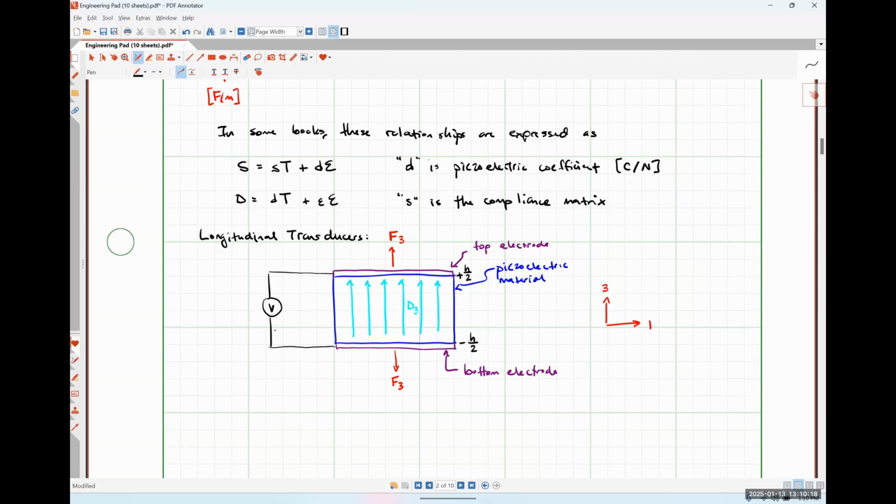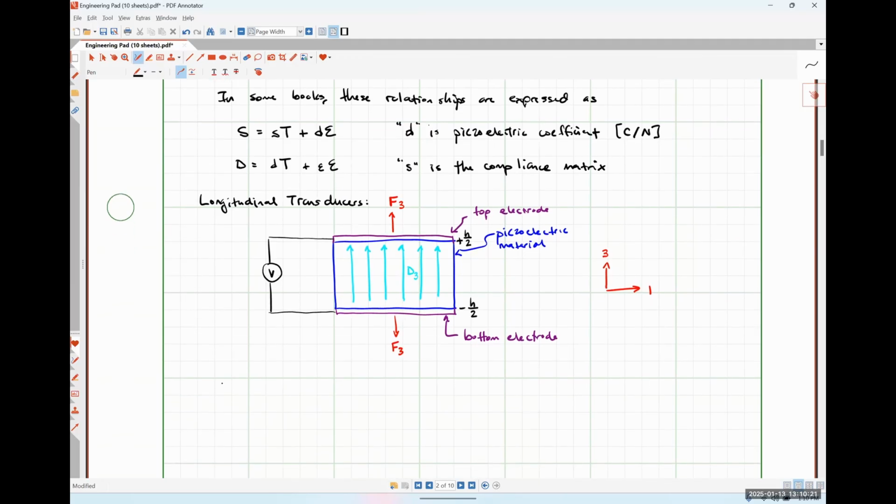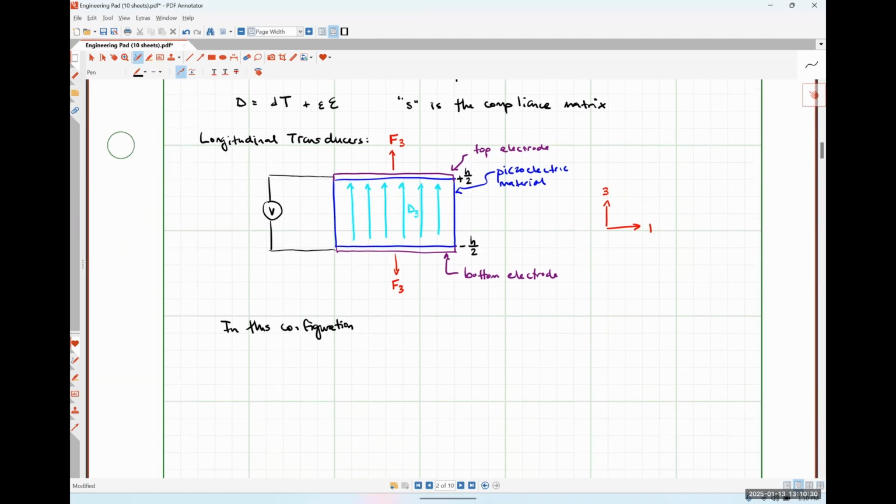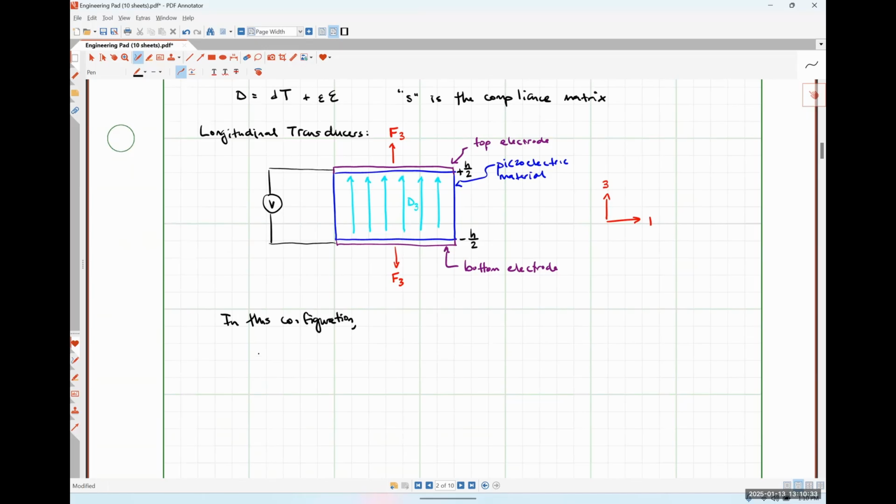So in this particular configuration, we'll see that our electric displacement vector D3 will be equal to epsilon times our field strength in the 3 direction plus our piezoelectric coefficient E33 times S3, our strain in the 3 direction.